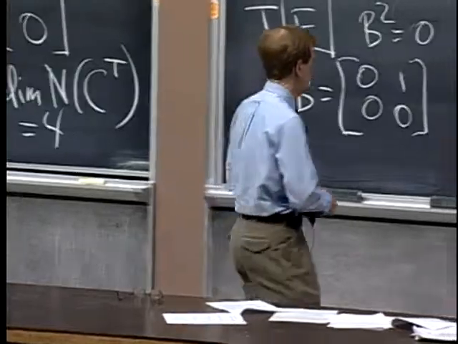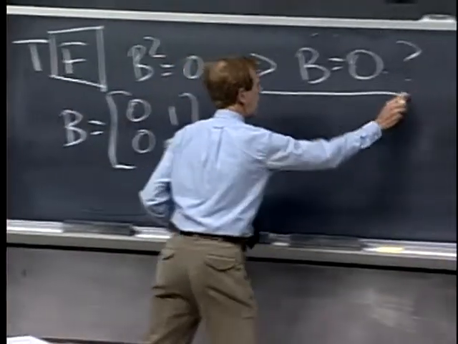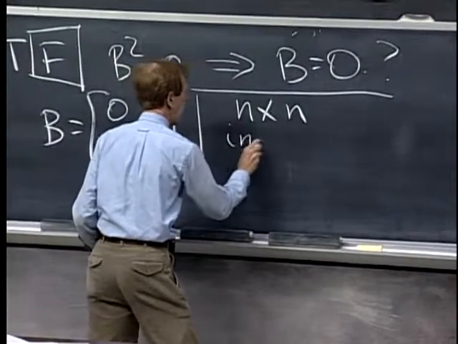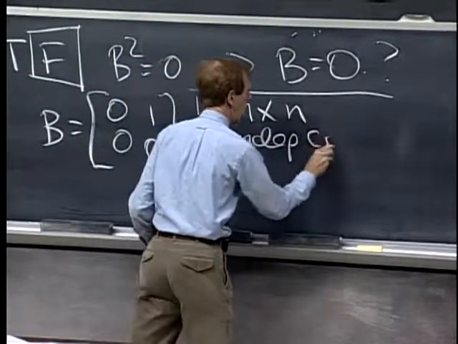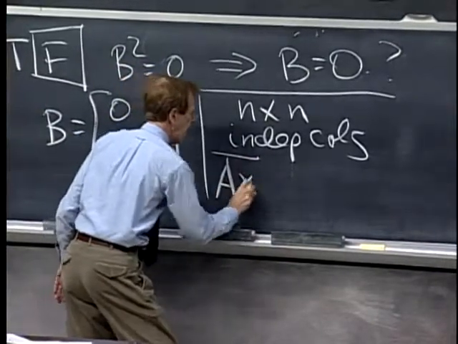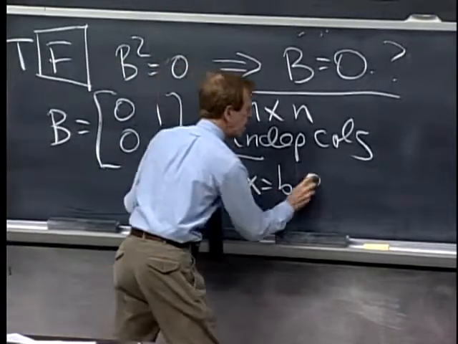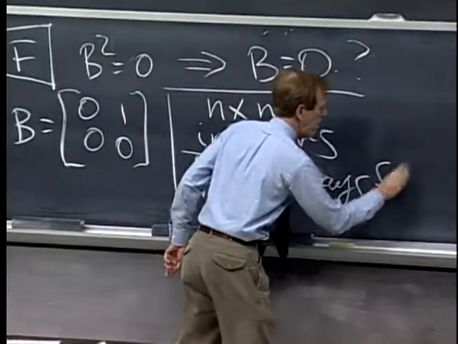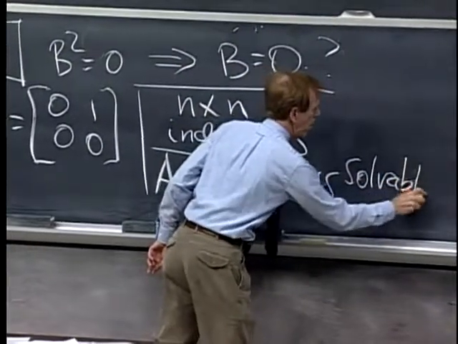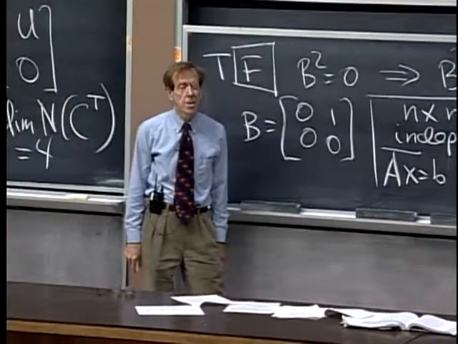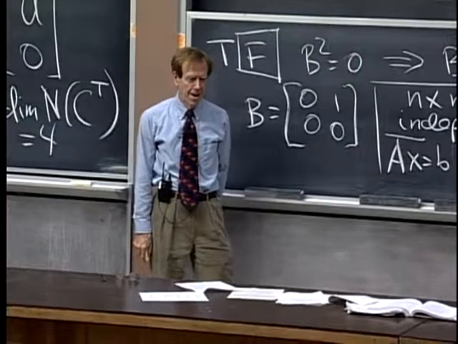I'll write it down for short: an n by n matrix, independent columns. Then the question is, does AX equal B? Is it always solvable? And the answer is yes or no.